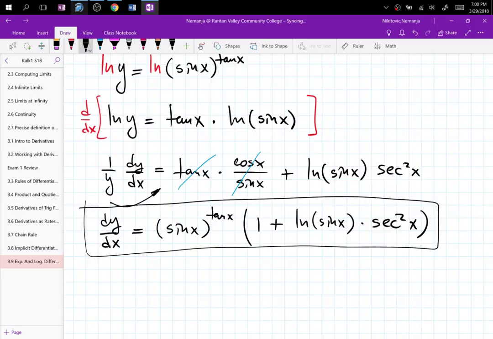So I want to do one problem from the book, and I hope you're not disappointed. The lecture is over. We have exponential, we have logarithmic derivatives, and then logarithmic differentiation, which is when you ln both sides, expand, and then do the stuff.